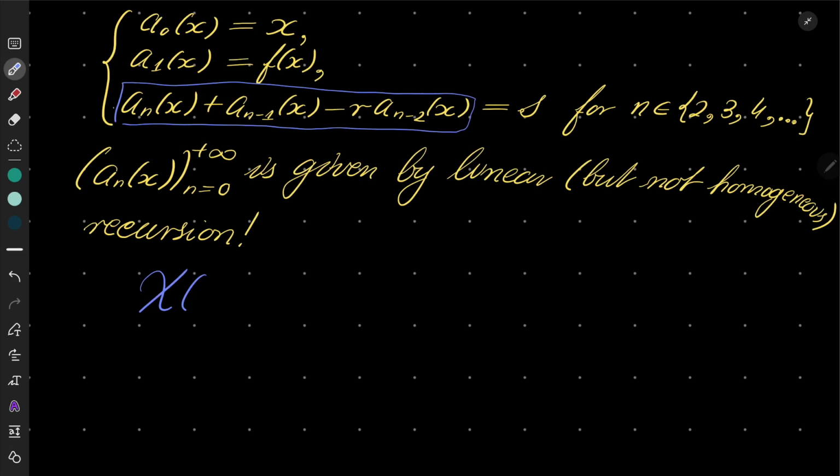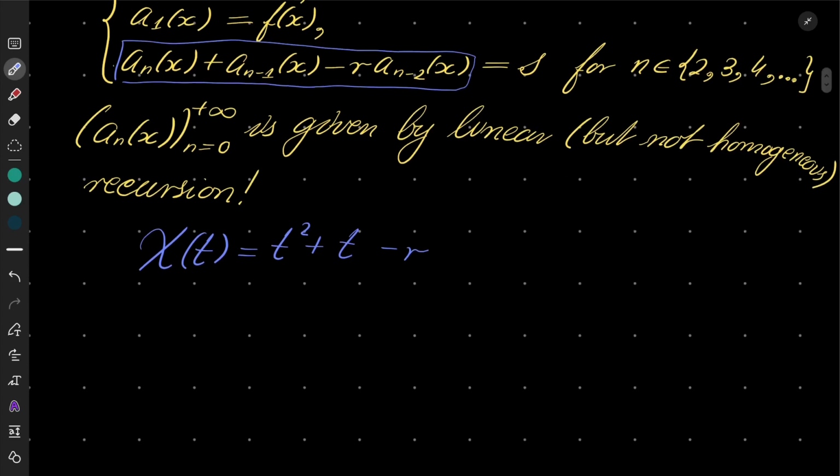Characteristic polynomial, let's say of t: we go from the right, we have minus r, then we take this number right here, which is 1, and we multiply by powers of t. So we have t times 1, and here we have 1 times t squared. So this is our characteristic polynomial of our recursion.